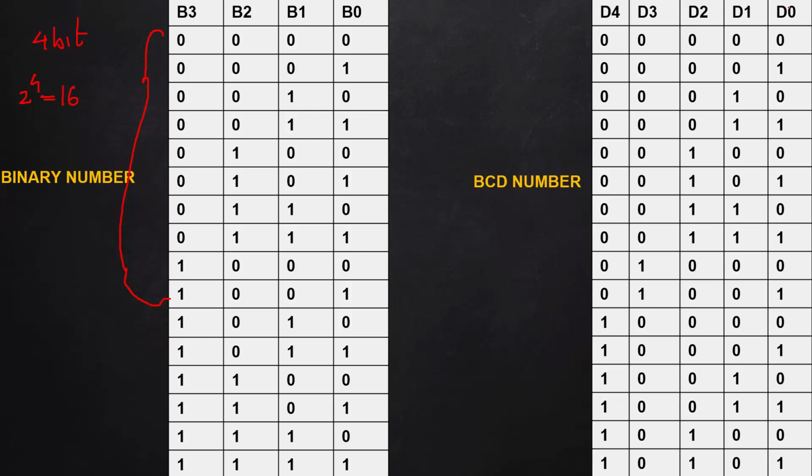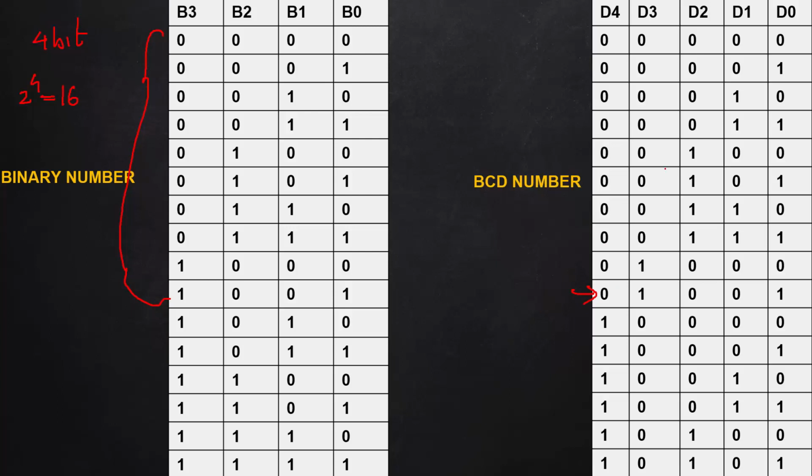Here we are considering 5 different labels or 5 different bits. Why? Because from 0 to 9, the BCD and the binary are the same. That means using the same 4 bits, we can represent the BCD equivalents of the input from 0 to 9.